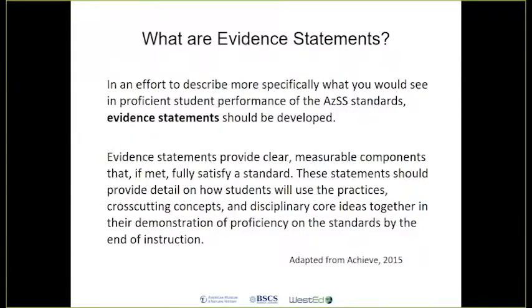They must provide a clear, measurable component that, if met, fully satisfies the standard. Now, our standards are three-dimensional, meaning they have core ideas, cross-cutting concepts, and science and engineering practices. So that means these statements should provide detail on how students will use the practices, cross-cutting concepts, and the core ideas together to demonstrate that they are proficient on the standards by the end of instruction.